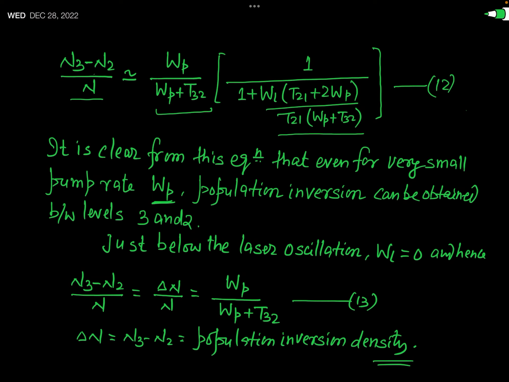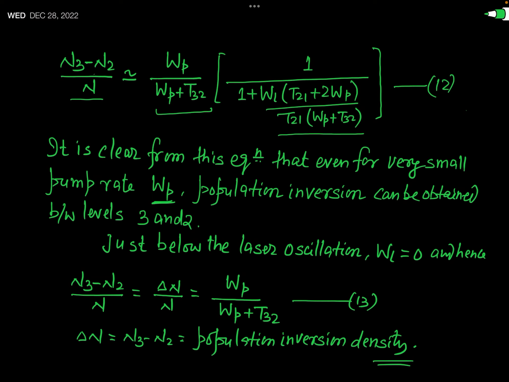It means when WP is even very small, N3 minus N2 will be positive and we get a population inversion between the third level and the second level. This is contrary to what we found in the 3-level system, where there was a minimum pump rate to achieve the population inversion.